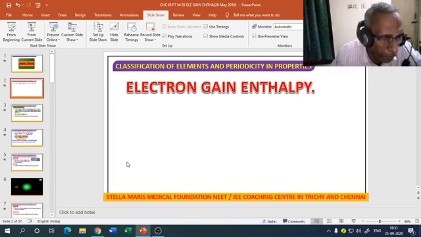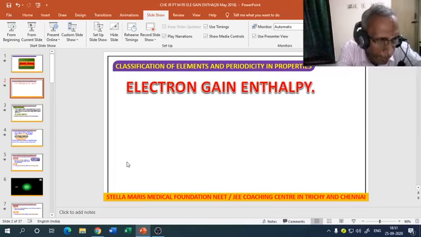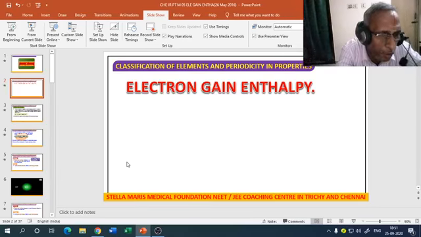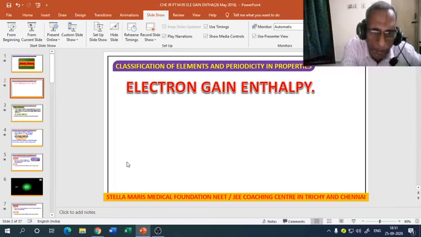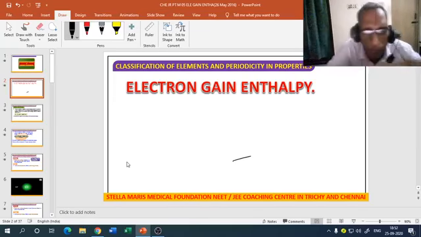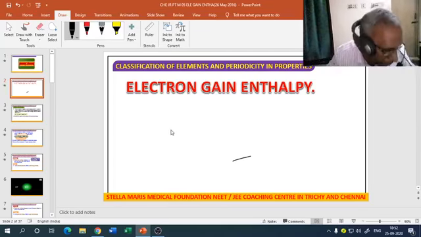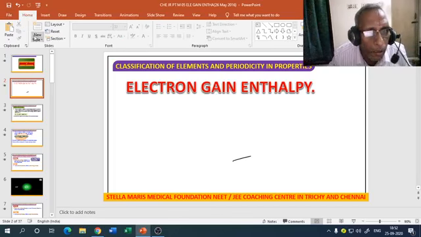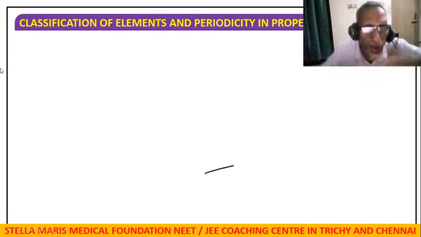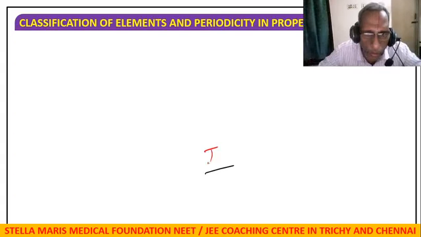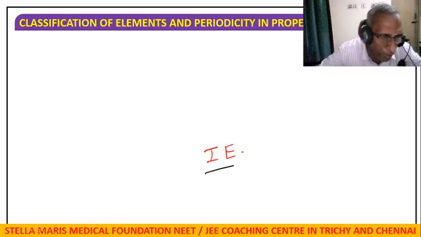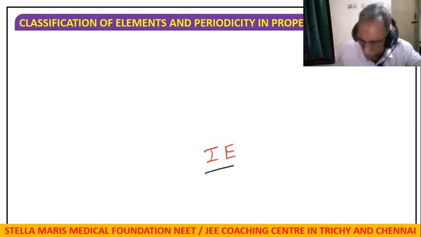One of you answer. Those who have posted, tell me which to teach again: the ionization process or the electron gain process? Simply post. Ionization means you can post I, E, both, right? Okay. Everybody, please listen carefully.